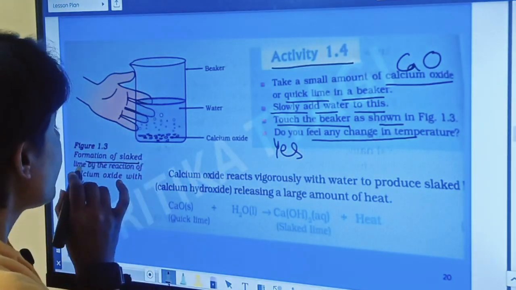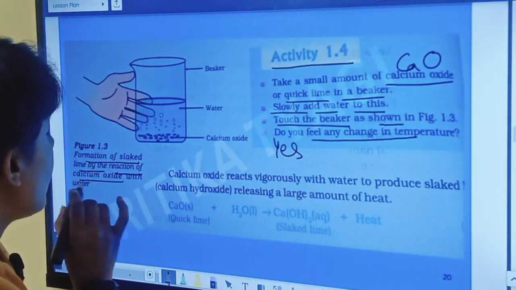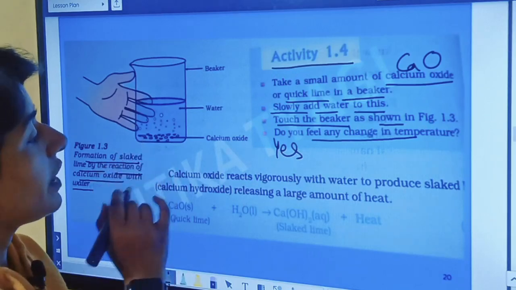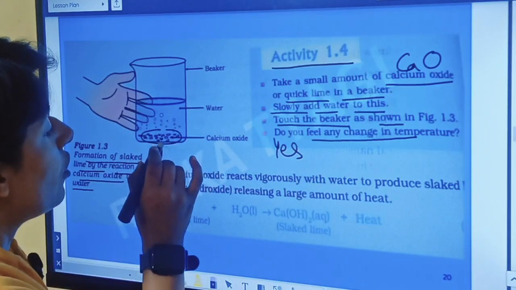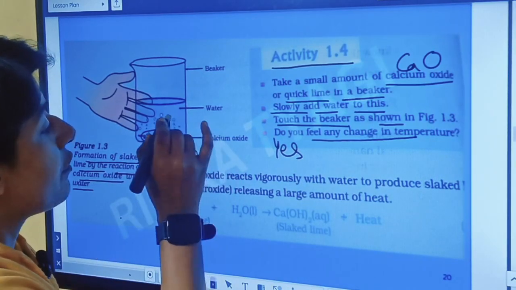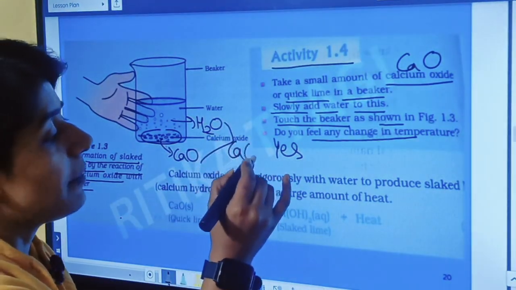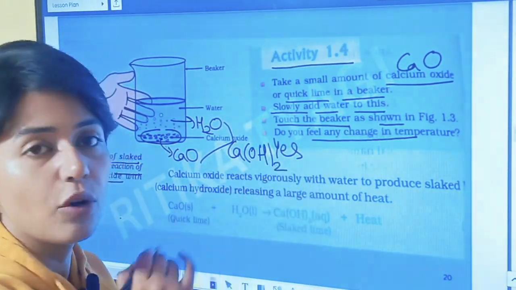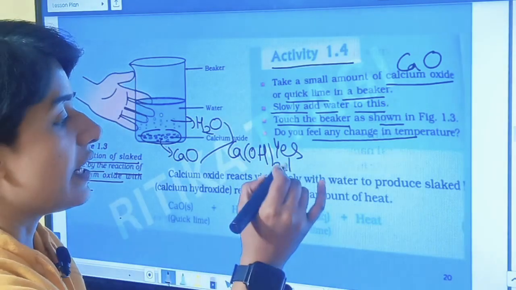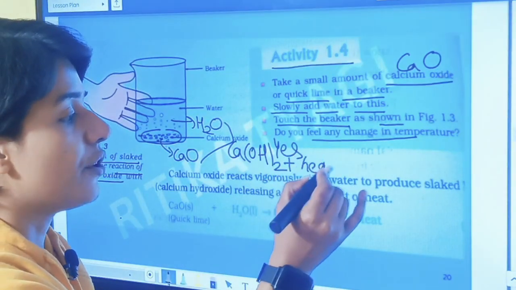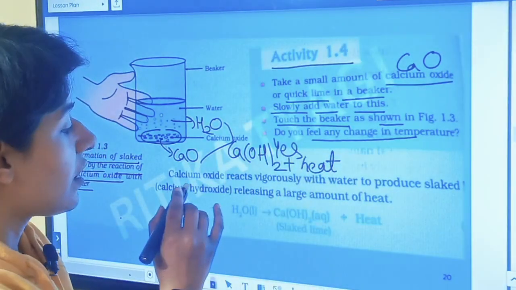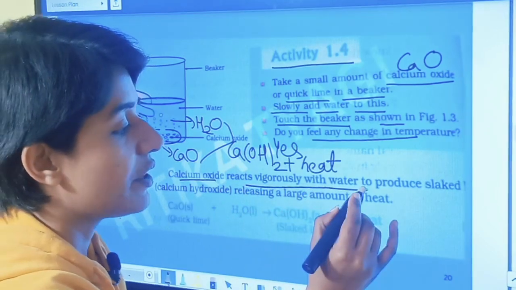So this is the formation of slaked lime by the reaction of calcium oxide with water. Here it shows calcium oxide CaO reacting with water H2O. Then these form calcium hydroxide, that is slaked lime or lime water, with the release of heat. Calcium oxide reacts vigorously with water.